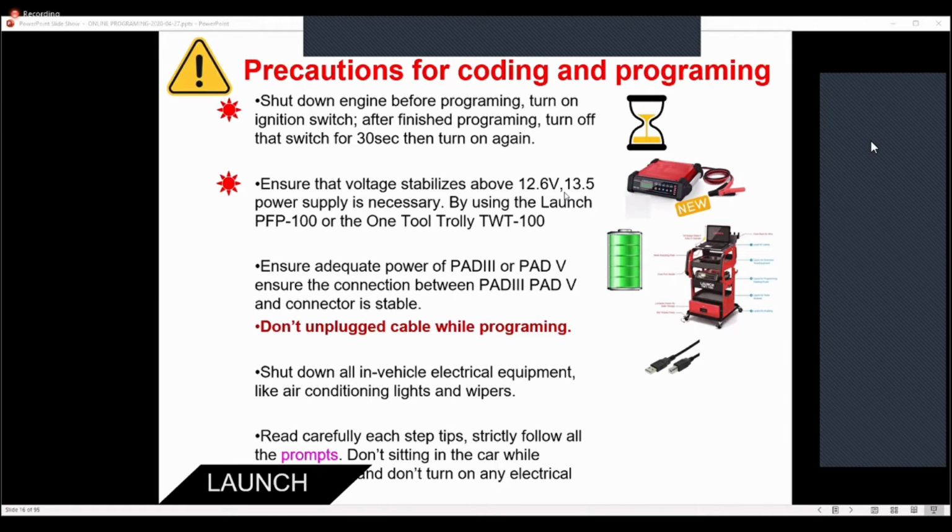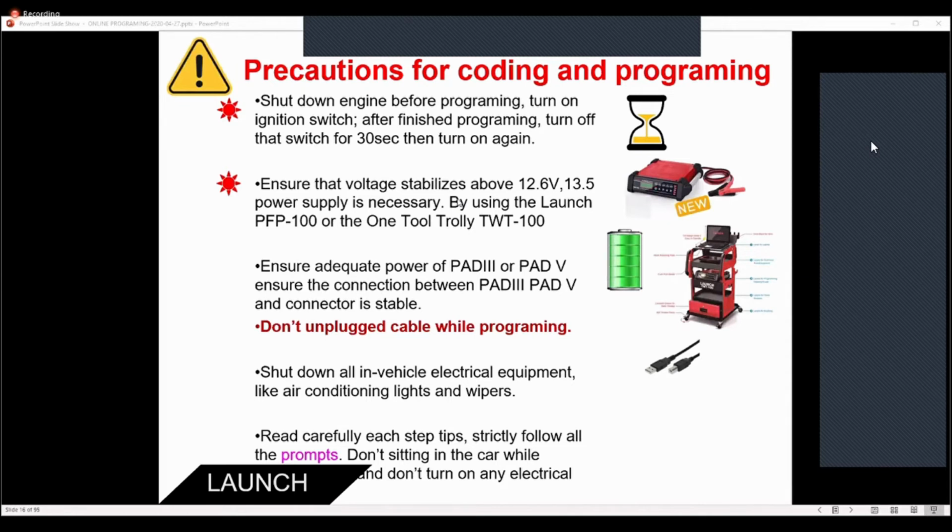Now, you would have to then hook up the Launch. Say, for instance, the Launch produces the PFP 100, or on the trolley kit with the TWT 100, you have a battery maintainer, and that needs to be put on the vehicle well before you either code it or program it, because you need that voltage to be stabilized.